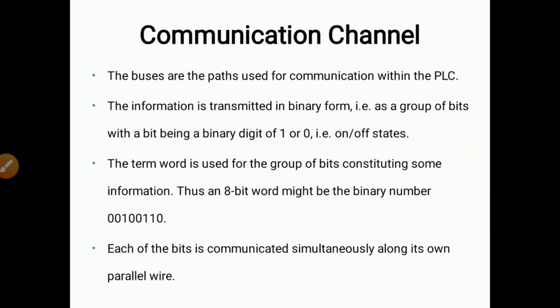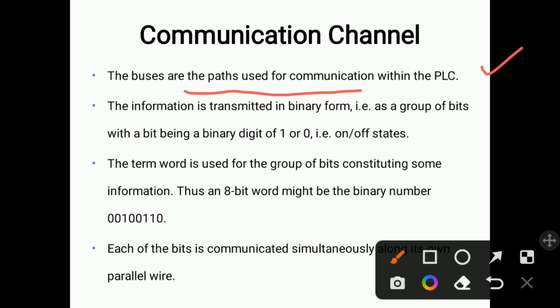So what does bus mean? The buses are the paths for communication within the PLC. The information is transmitted in binary form as a group of bits. Binary form means a group of bits, with each bit being either 0 or 1. The term word is used for a group of bits carrying some information.